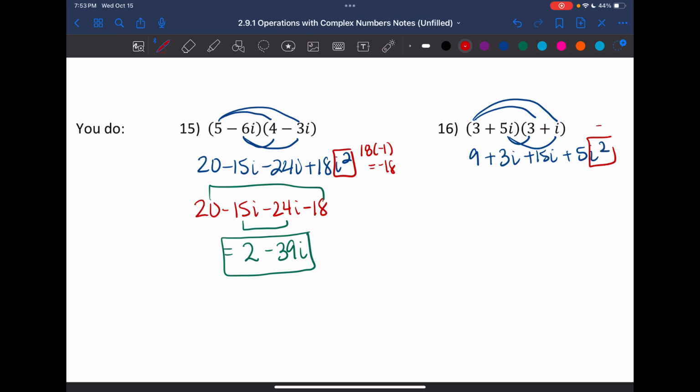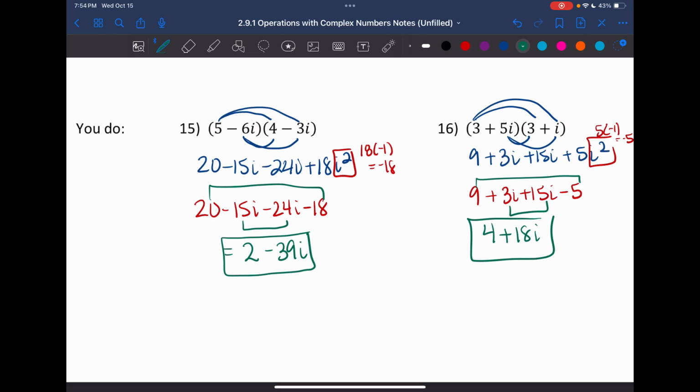Change your i squared, so 5 times -1 is -5. 9 plus 3i plus 15i minus 5. Combine your like terms. 9 minus 5 is +4. 3i plus 15i is 18i. And that is it for today's lesson.